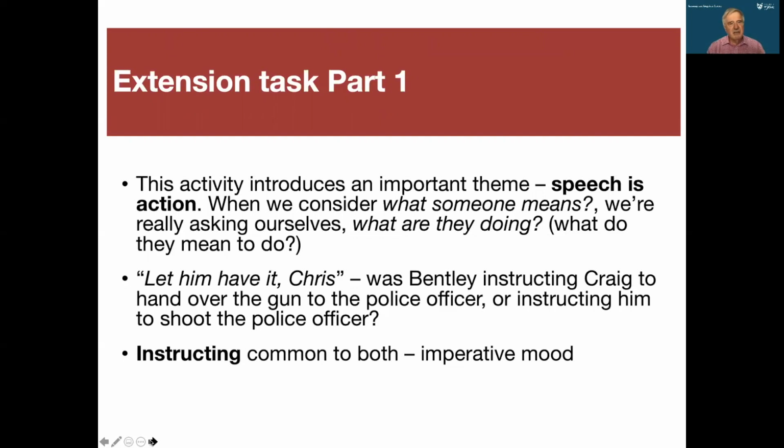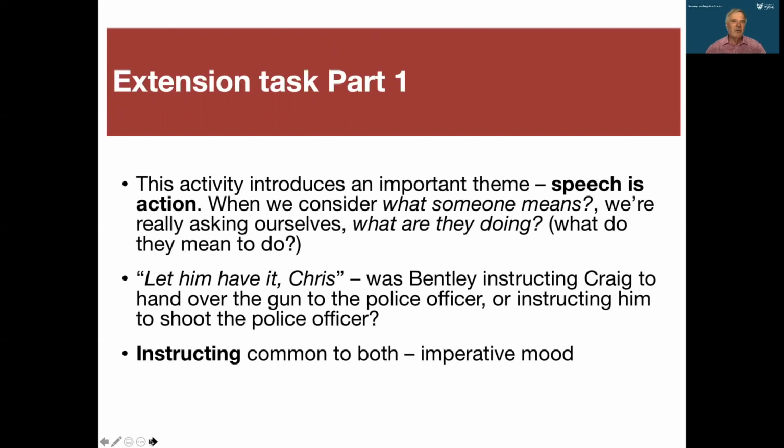There were two criminals. One had a gun, was pointing it at the police officer, and the other one, who was unarmed, Bentley, said to his friend Craig, "Let him have it, Chris." And the evidence in court hung on what Bentley was intending by "let him have it."